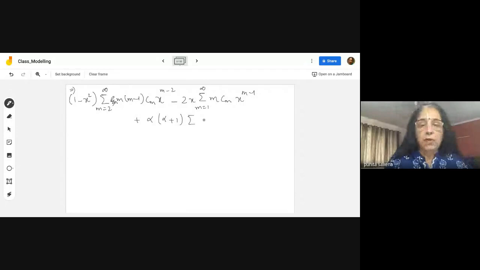So y would be simply summation c_m x^m, m from 0 to infinity, equal to 0.